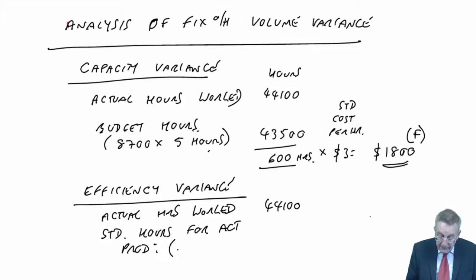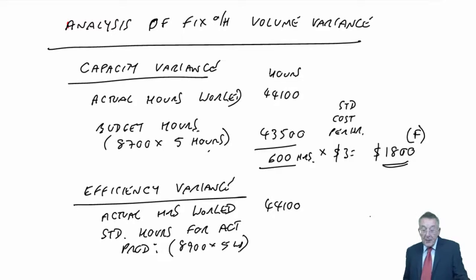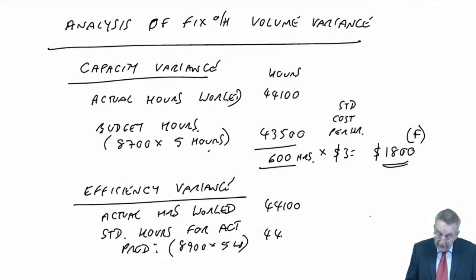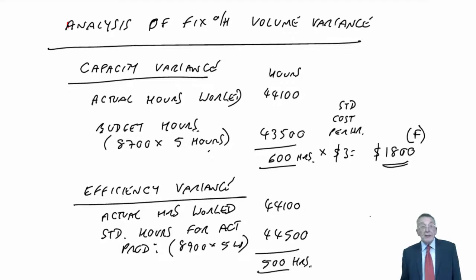We produced 8,900 at 5 hours a unit. You would have expected them to work 44,500. They worked faster, 500 hours faster.